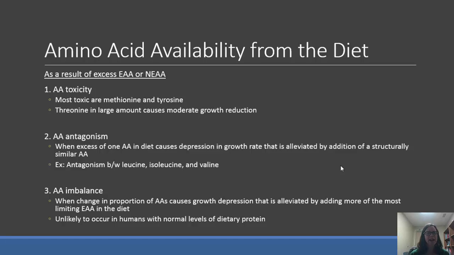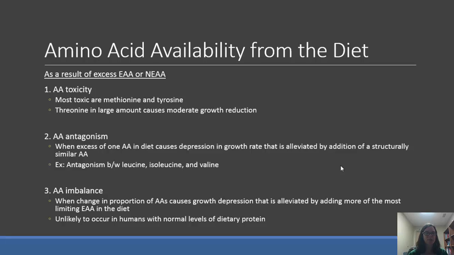This is when an excess of a specific amino acid causes a depression in growth rate, which is alleviated by the addition of a structurally similar amino acid. What was happening was that because we consumed a specific one, it antagonized digestion and incorporation of structurally similar amino acids.